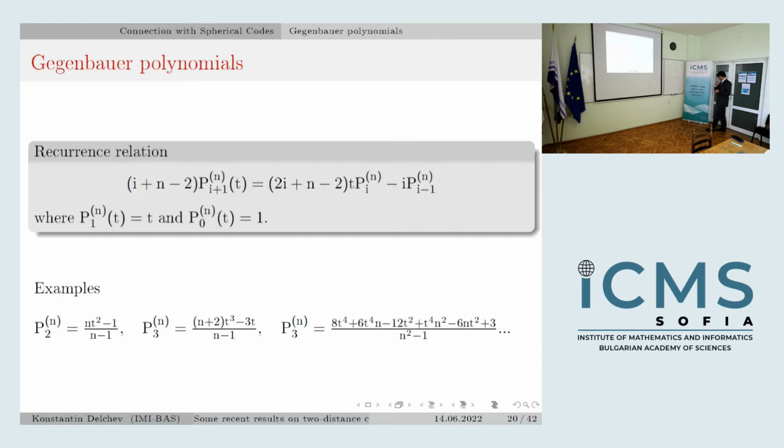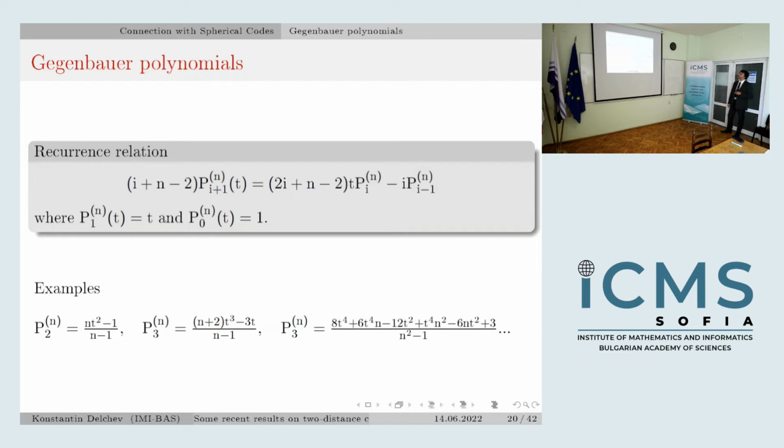And here, for spherical codes, we can do much the same things that we can do for Hamming codes. However, for the linear programming, the relevant polynomials are the so-called Gegenbauer polynomials, and they are a specific case of Jacobi polynomials with two equal parameters. In usual terminology, alpha equals beta equals n minus 3 over 2.